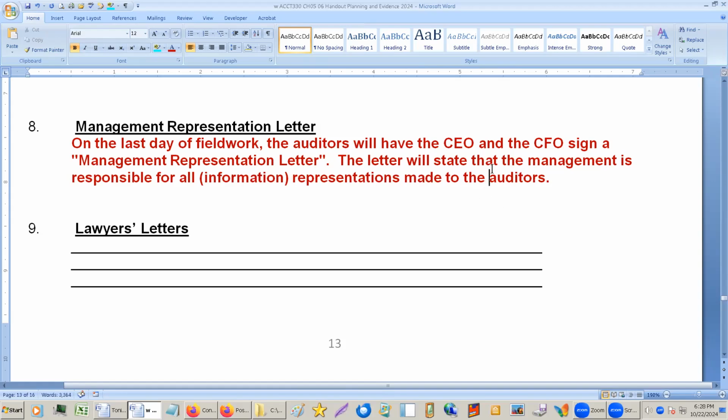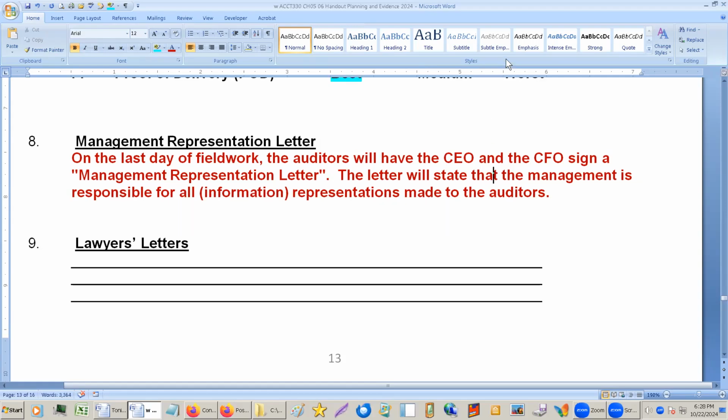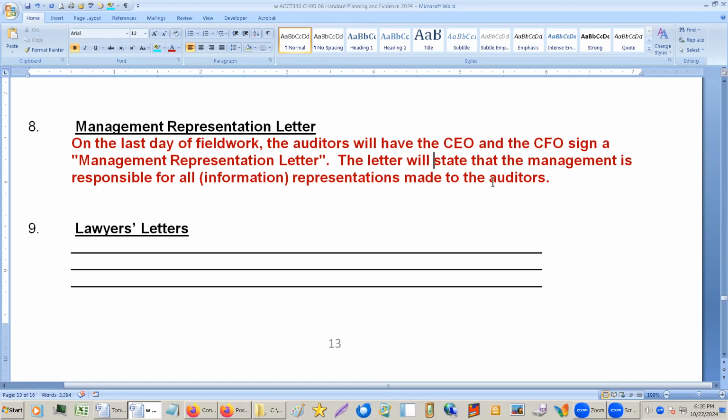Anything that the auditors relied upon will be in that letter. It will also say that management is responsible for the financial statements and for internal controls, and it will have everything that basically they relied upon. This is usually the last thing that they do when they go out the door: the CEO and CFO sign this letter.